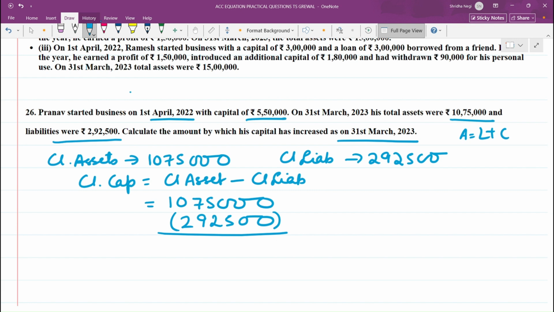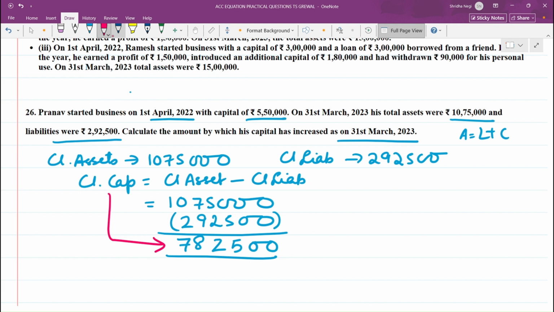So how much is the amount? 7 lakh 82,500 is the closing capital.